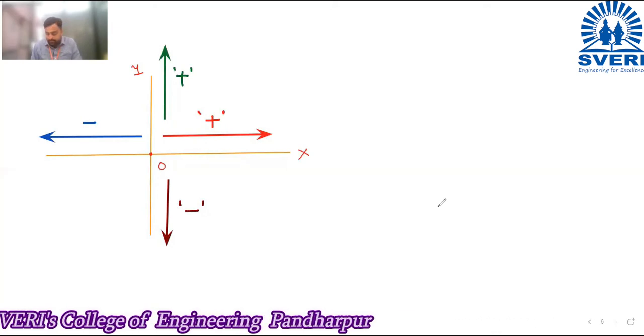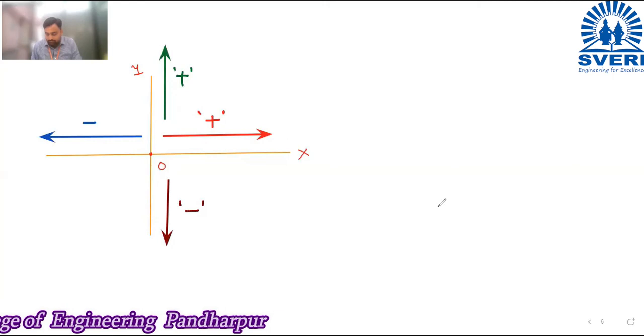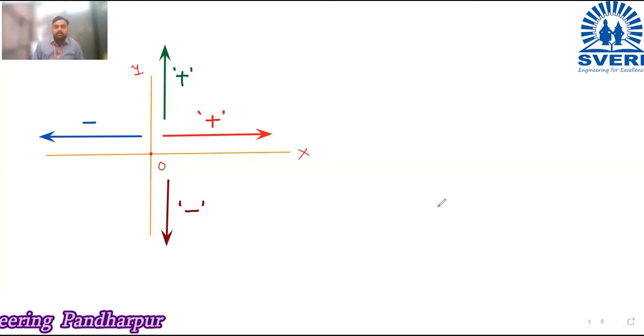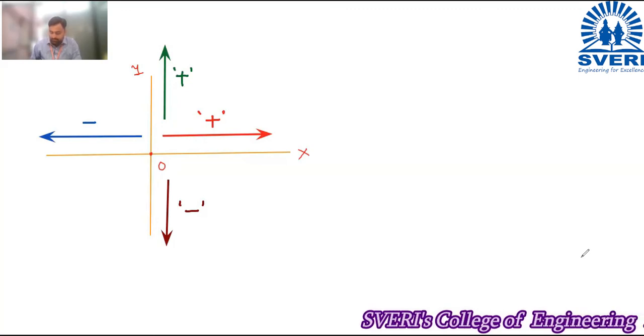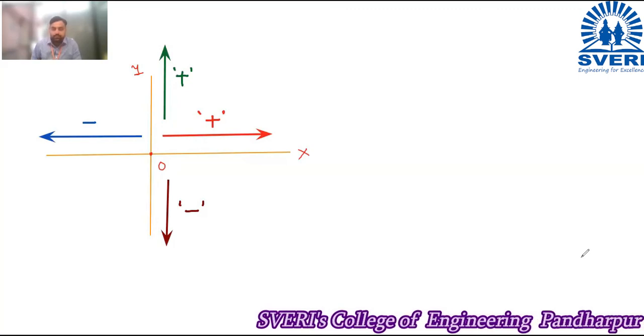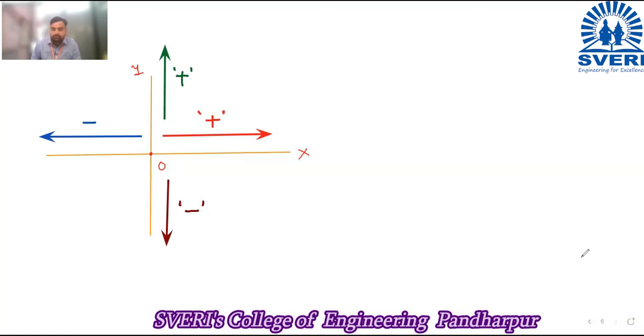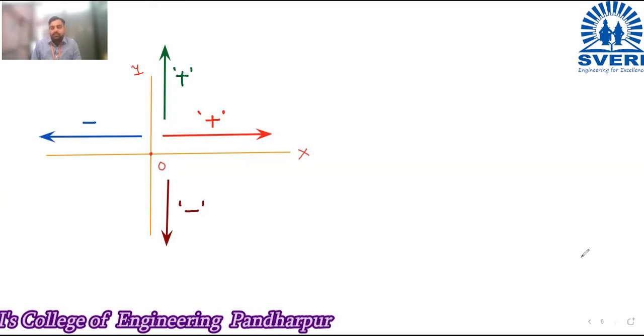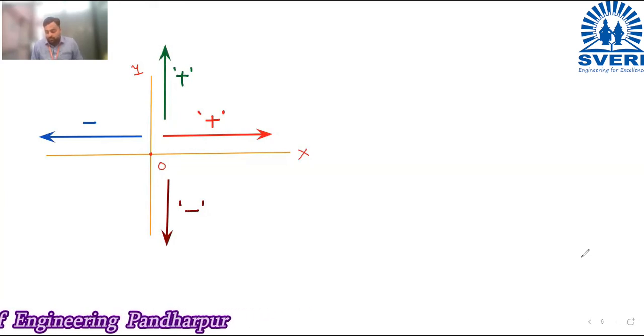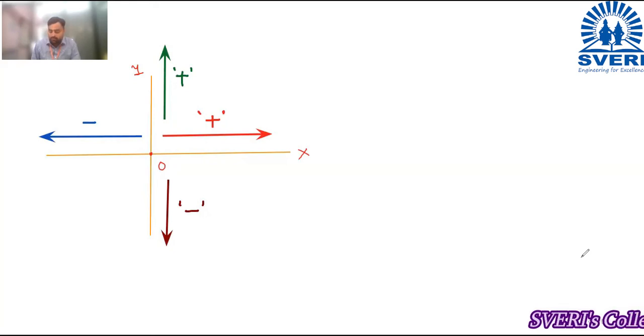Roll number 7, present, sir. 8, present, sir. 9 is absent. 10, present, sir. 11, present, sir. 12. Okay, 9 is present, I have taken that.